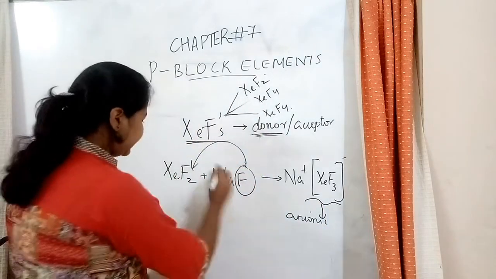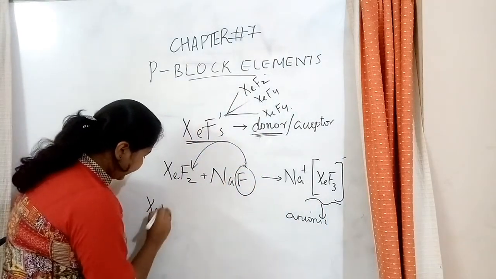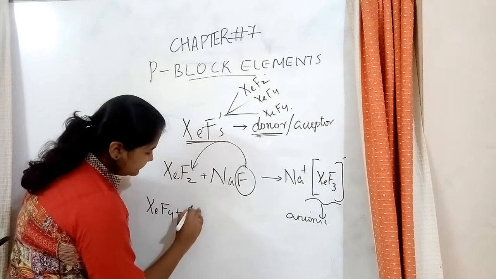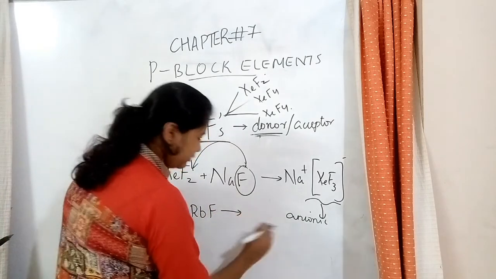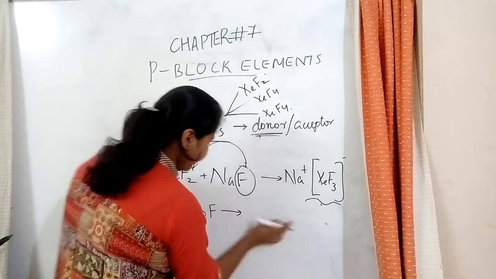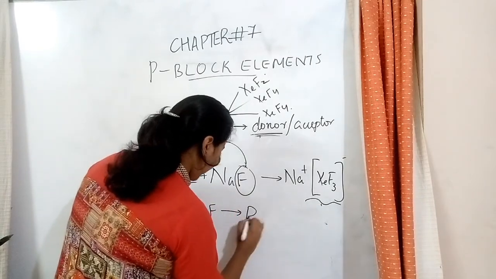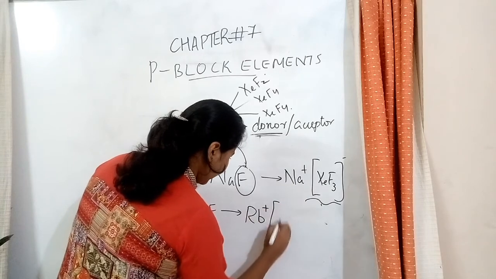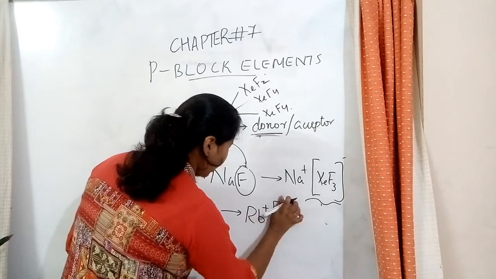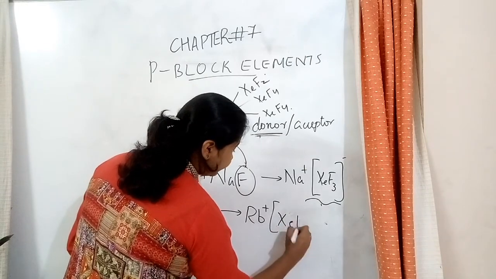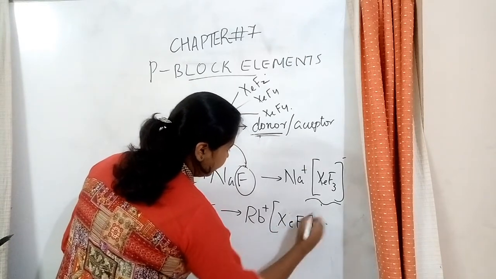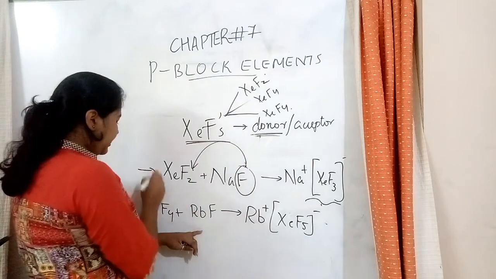The same way, let's write XeF4 plus RbF is equal to Rb plus XeF5 minus. So this is our equation.